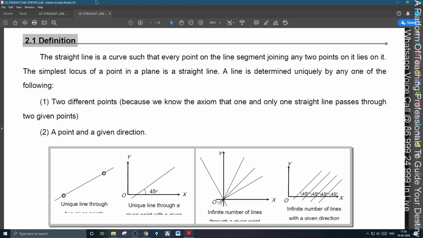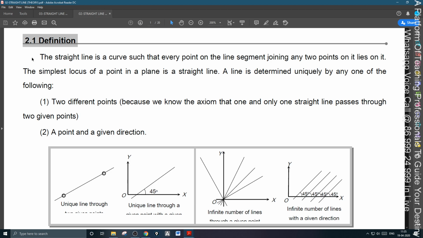Let us revise the concepts we have learned in the previous class. The definition: a straight line is a curve such that every point on the line segment joining any 2 points on it lies on it.